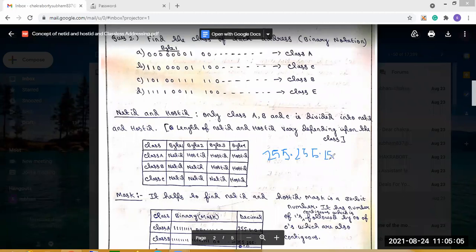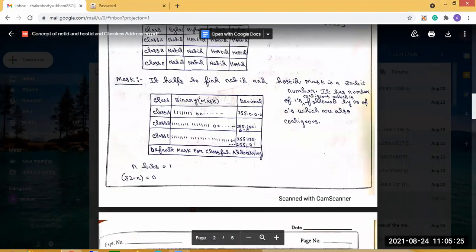Like this, we are writing the subnet mask. Through this concept, we will be able to define the subnet mask.